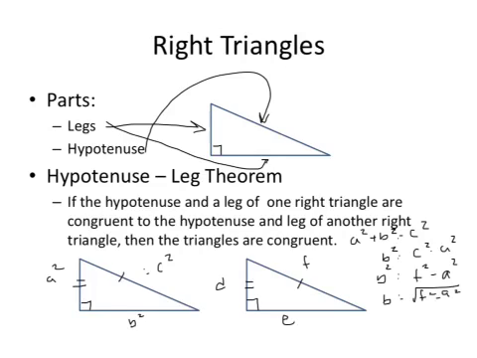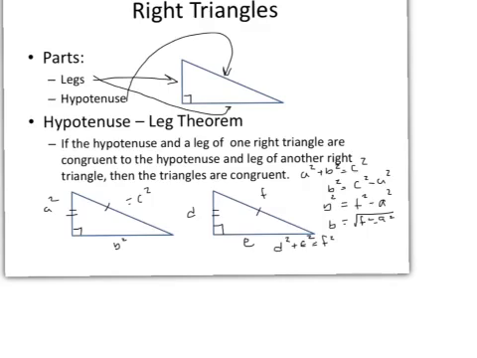Okay? Now, we also know that D squared plus E squared should equal F squared, right? And I'm going to move this around a little bit so I have more room. That means E squared equals F squared minus D squared. Well, I should have written a D here.